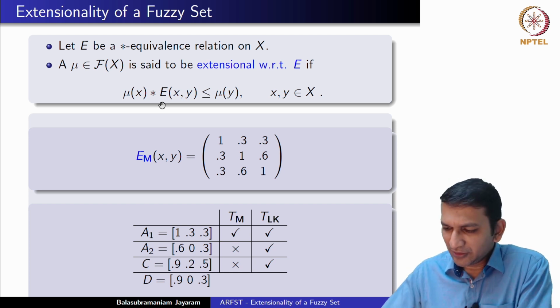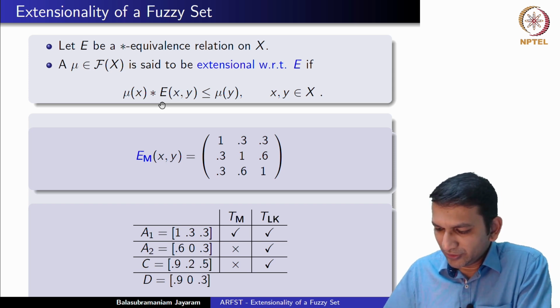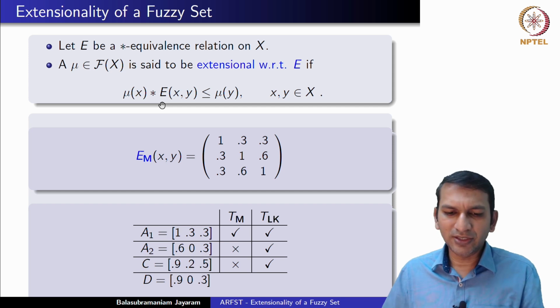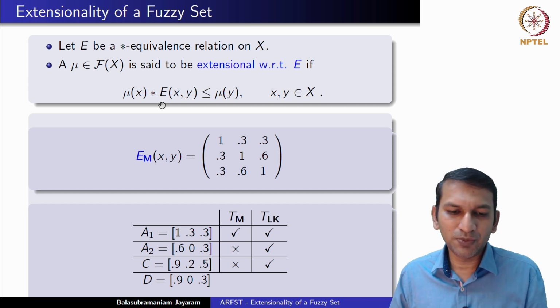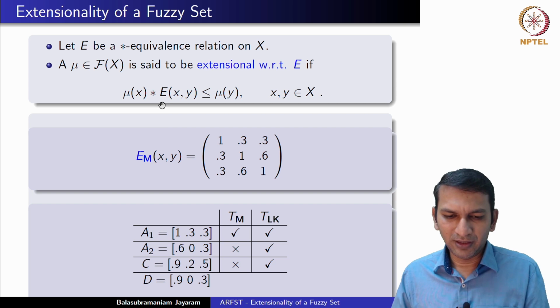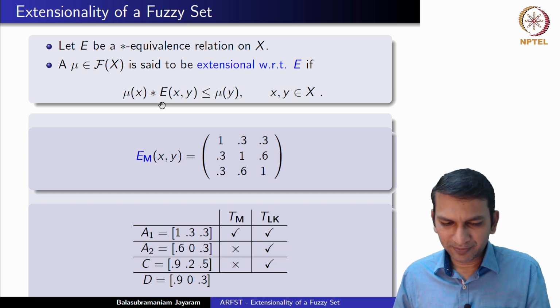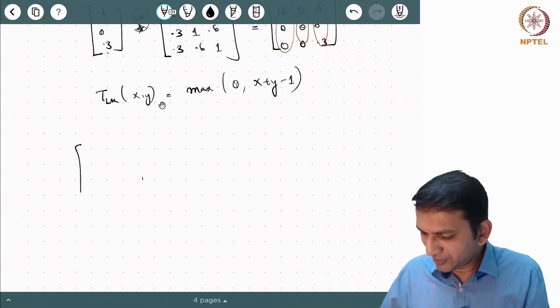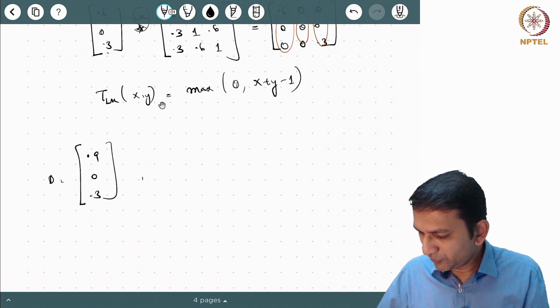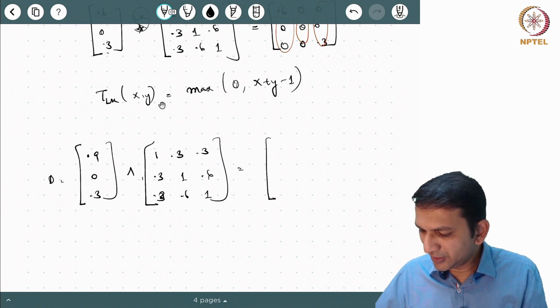Now, let's consider the last of them, which is 0.9, 0.3, and consider whether it is extensional with respect to EM and the min operation. So what we have is 0.9, 0.3. What we want to do is take 1, 0.3, 0.3, 1, so we see that we are essentially taking the min operation.